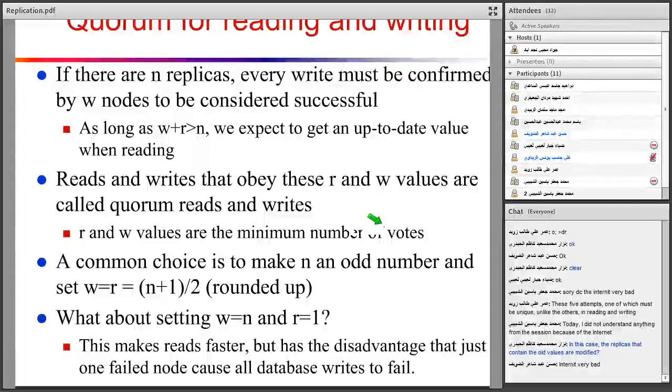Okay, so a common choice is to make n an odd number and set W and R to (n plus 1) divided by 2, rounded up. We need to round it up.